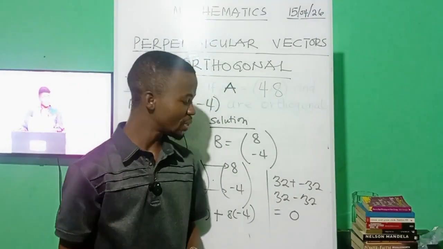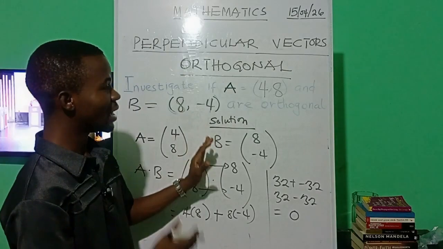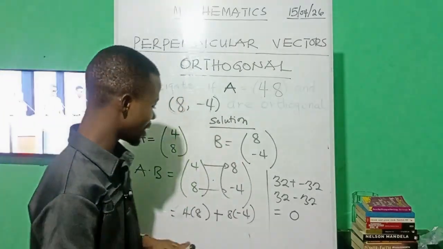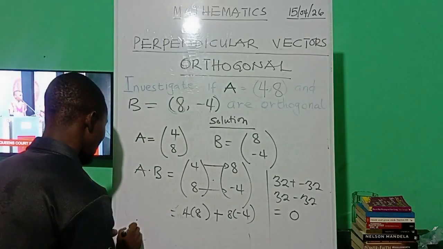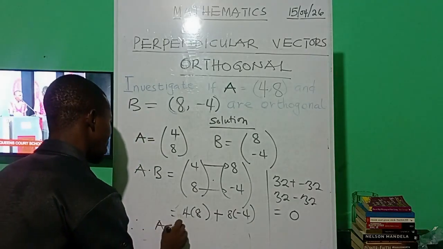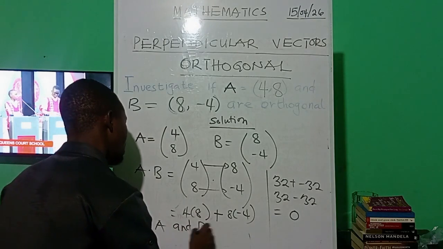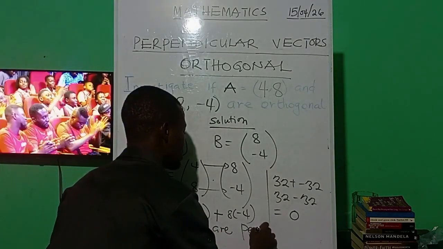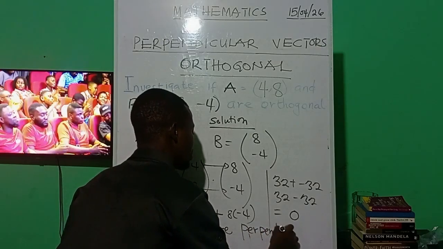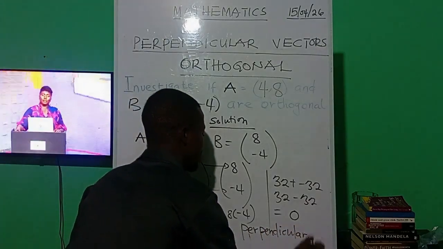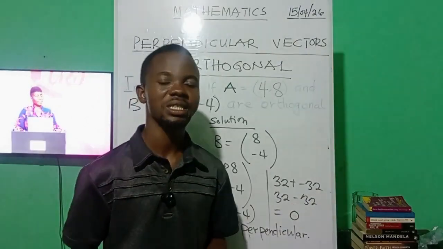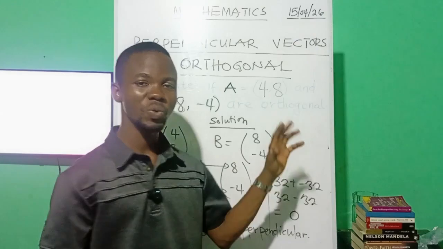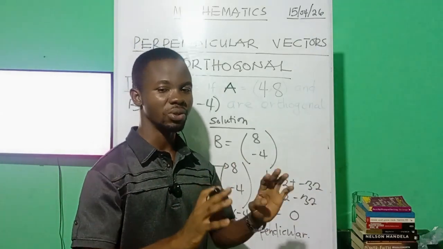So because we got the dot product to be 0, we can conclude that therefore A and B are perpendicular. As simple as that, and we are done. So this is one way of checking if two vectors are perpendicular or not.